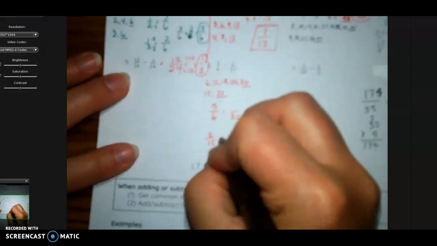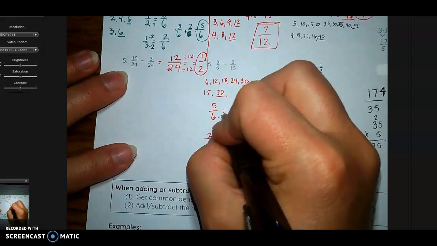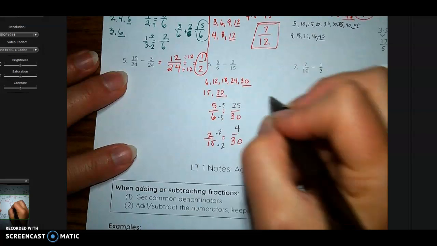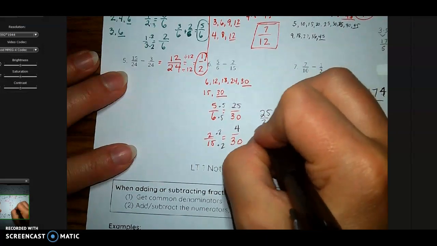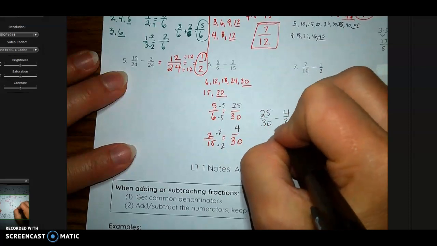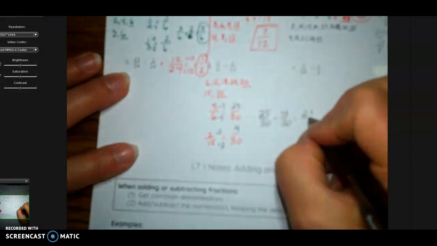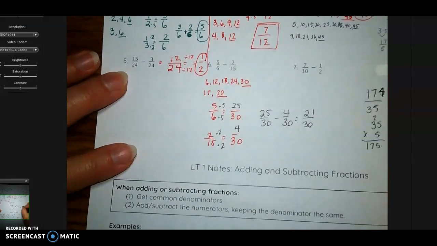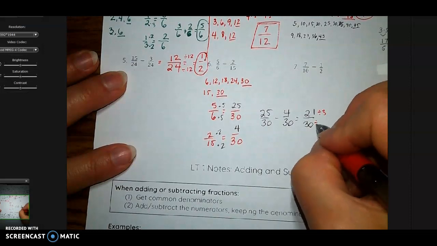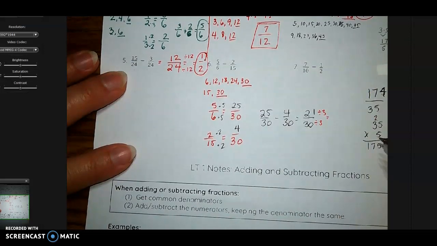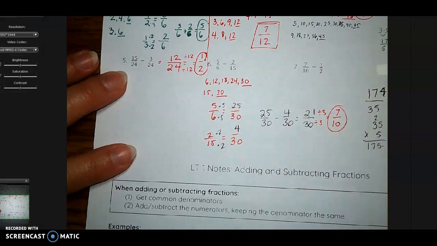I'm going to do times 5, and I will do times 2. So 25/30ths minus 4/30ths is what I'm doing. So 25 minus 4 is 21 over 30, and I ask myself, can I reduce that? They do have a 3 in common, which lets me know that I get 7 over 10 as my final answer there.